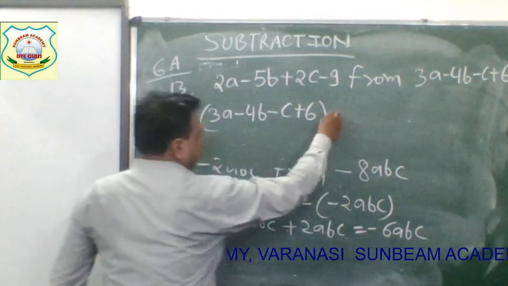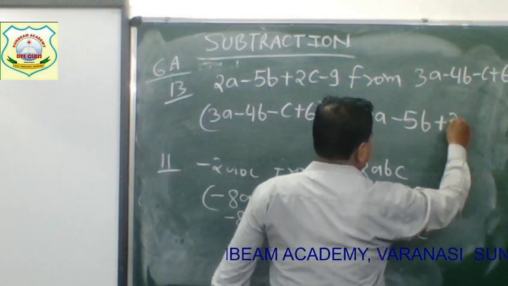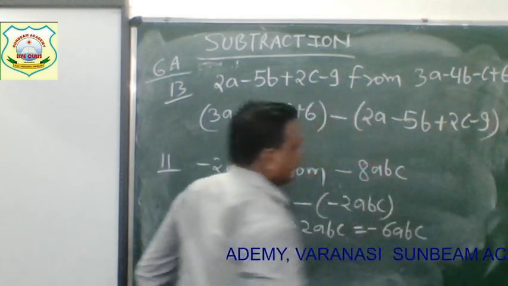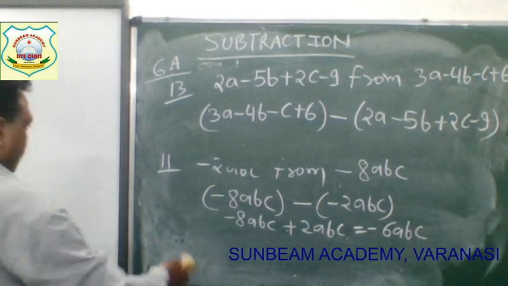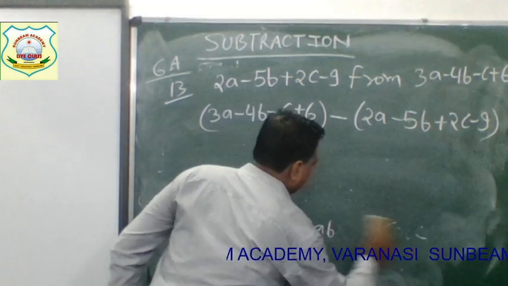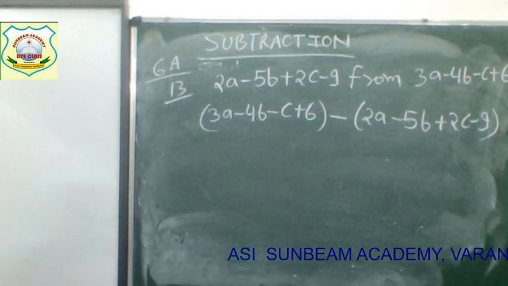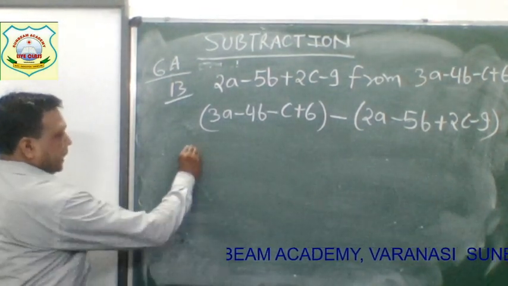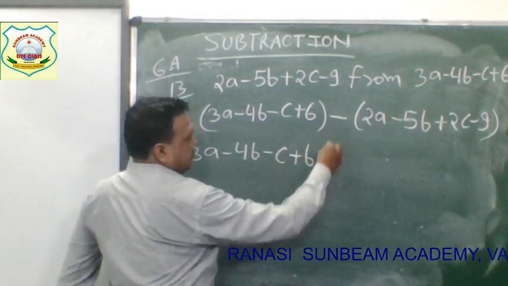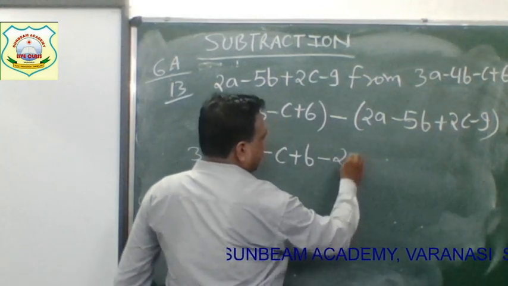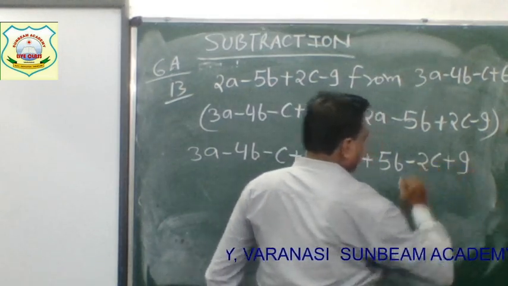From it we subtract −2a − 5b + 2c − 9. Students, note it down, question number 11. Same here: 3a − 4b − c + 6, minus, open the bracket, the signs will change: +2a + 5b − 2c + 9.